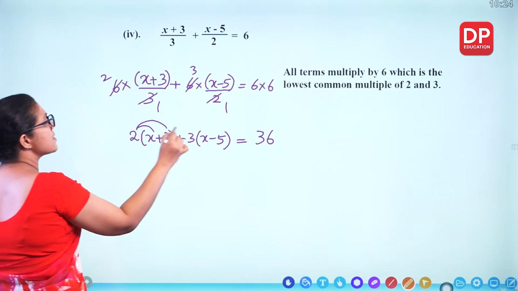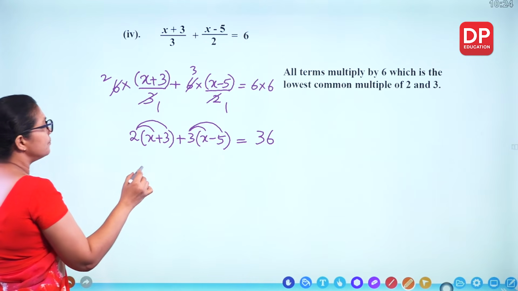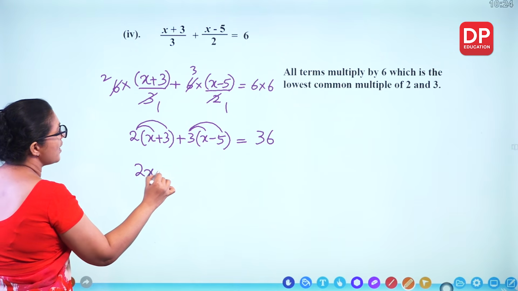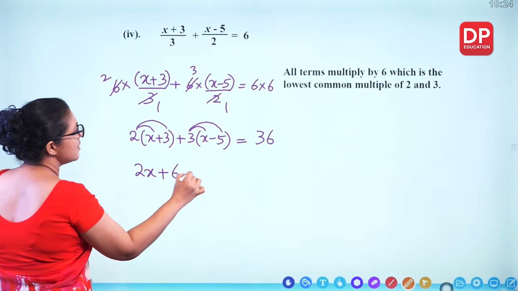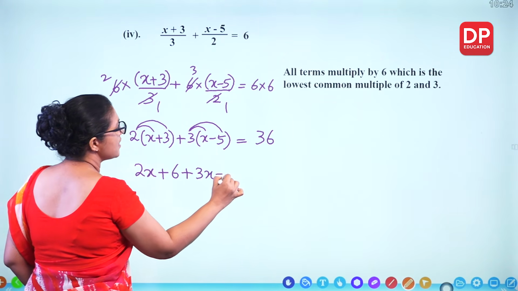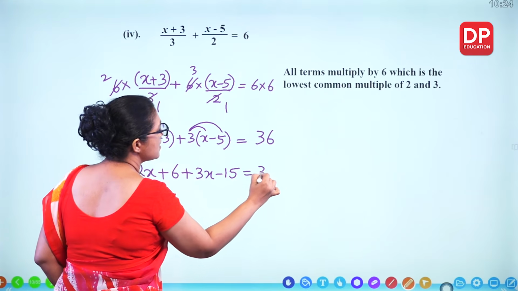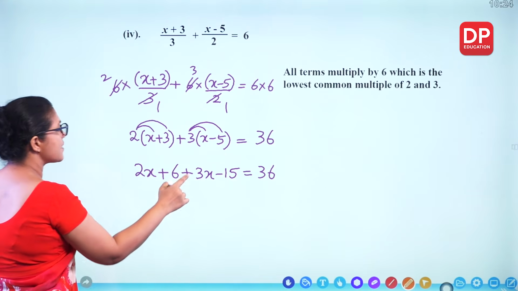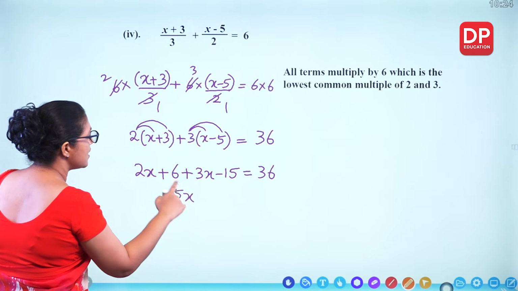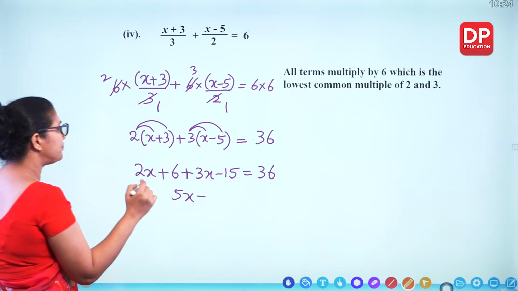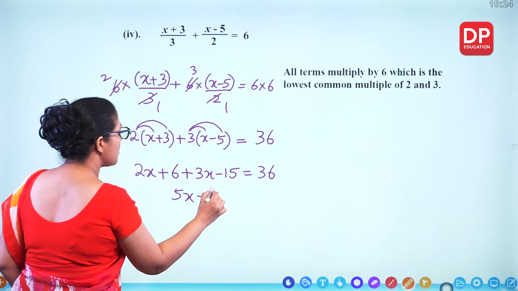Now remove brackets. 2 times x, 2x plus 6 here. 3x minus 15 equals 36. 2x and 3x, 5x. 6 minus 15, you get minus 9.